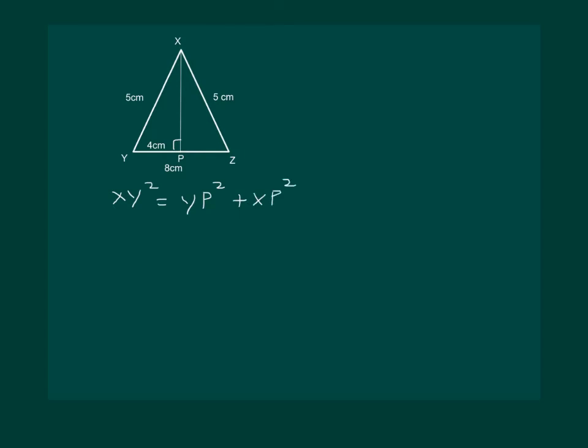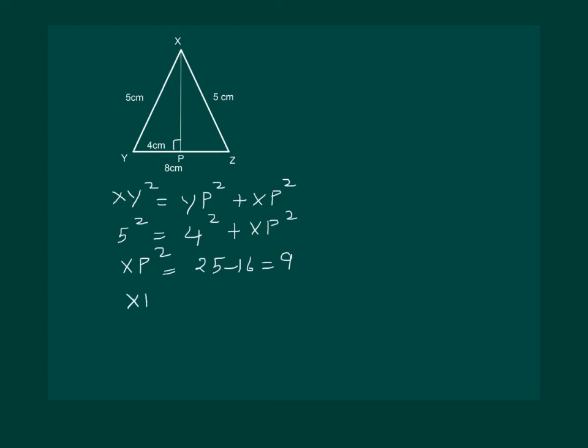Let us substitute the values. 5 square is equal to 4 square plus XP square. This will give us XP whole square equal to 25 minus 16, that is 9.